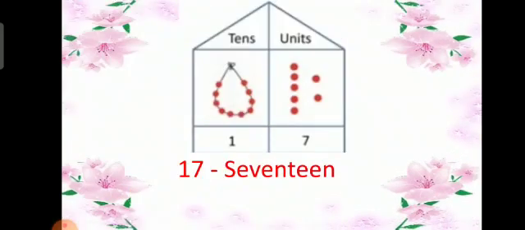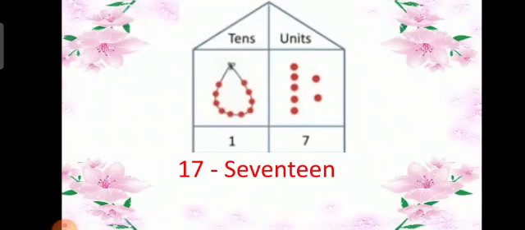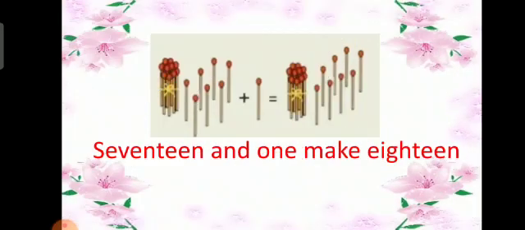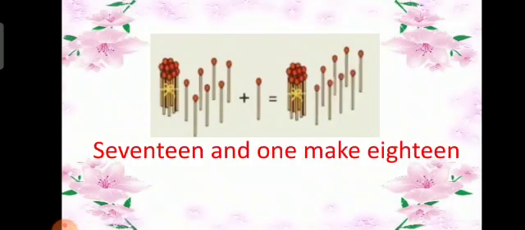In the houses of tens and units we are going to draw one single string, meaning 10 beads, and 7 single beads, which altogether make 17. What is the spelling of 17? SEVENTEEN, 17.